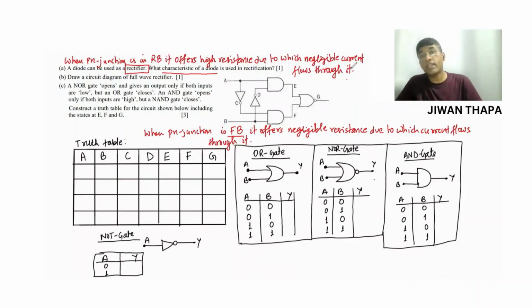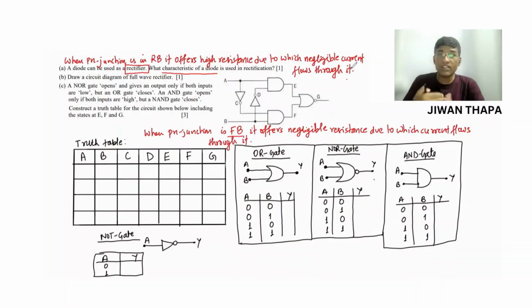So what we find is that in forward bias, current can pass through the PN junction diode easily, whereas in reverse bias, negligible or almost no current flows through it.